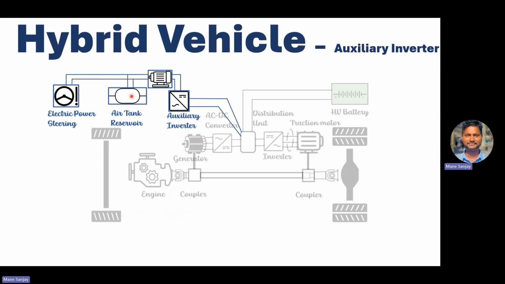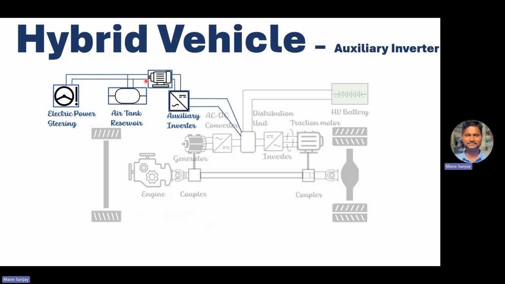Earlier we saw the traction inverter, and I explained that it plays an essential role in determining the vehicle's performance and efficiency. It regulates the motor speed and torque, facilitates regenerative braking to charge the battery, and ensures optimal power delivery. In the same way, this auxiliary inverter also regulates the motor speed and torque, but it does not contribute to regenerative braking because it is not connected to the shaft.